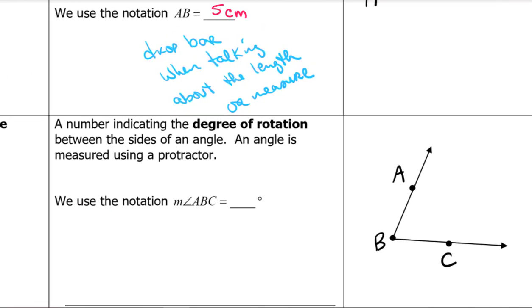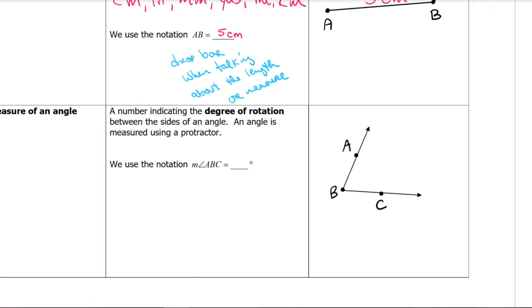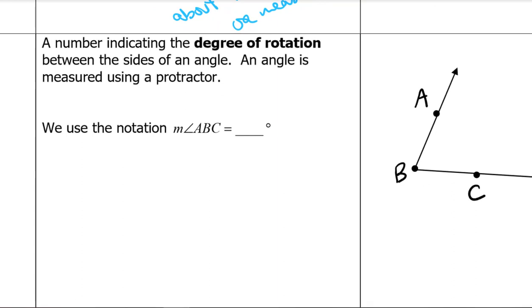Now, similarly, when we're talking about angle measurements, when you measure an angle, we're going to have this very specific little symbol, a little M right out in front. You want to make sure you have that in front of the angle symbol, because if you just have this without it, you're like angle ABC. But if you're actually measuring it, then we have to put that little M in front of it.